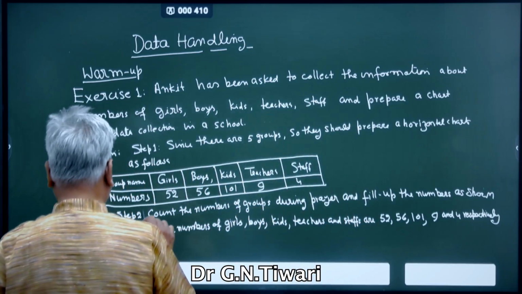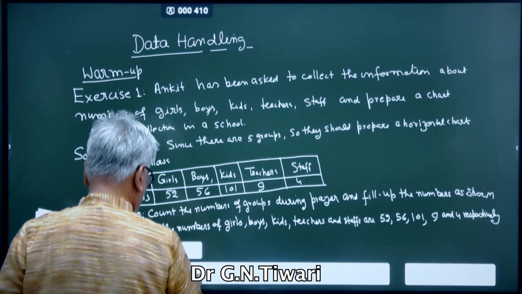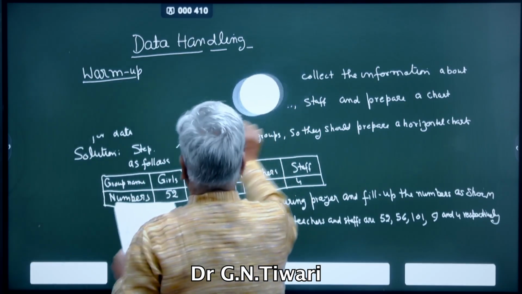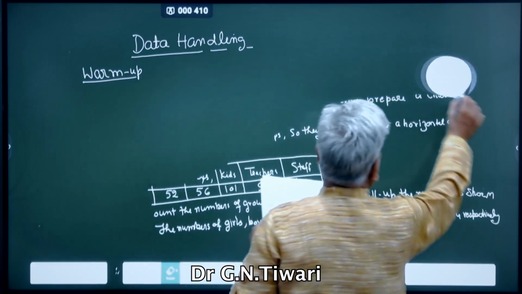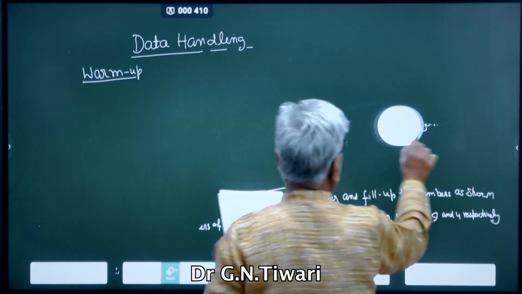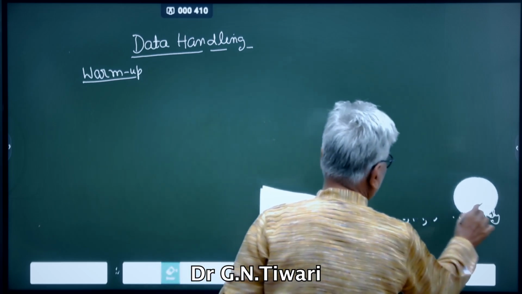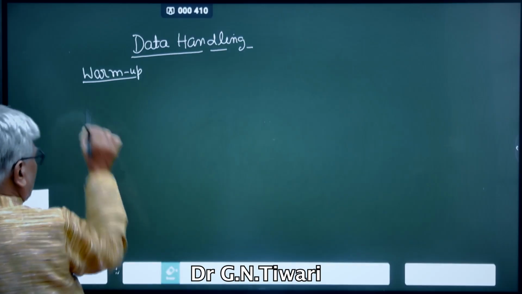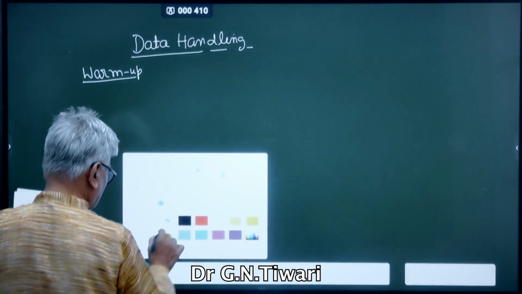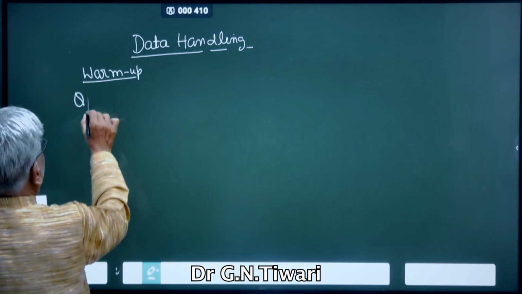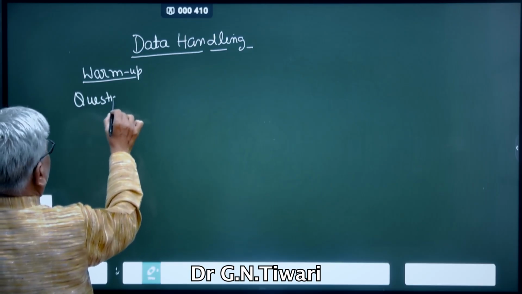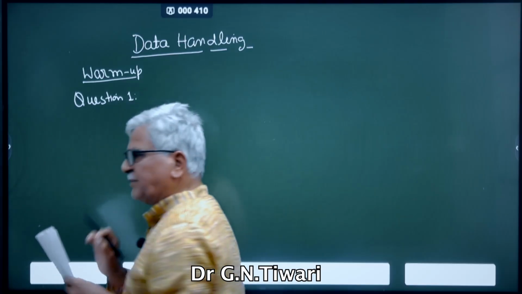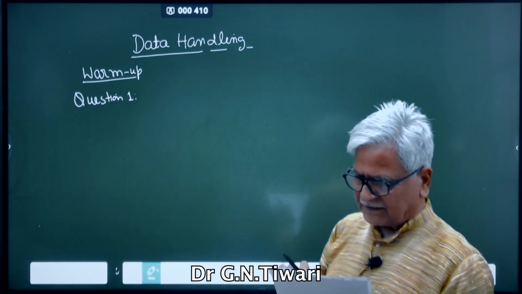That will be exercise question 1. अब क्वेश्चन 1 है, क्वेश्चन 1. अब देखिए, every student has the book of science, math, English, Hindi and social science.